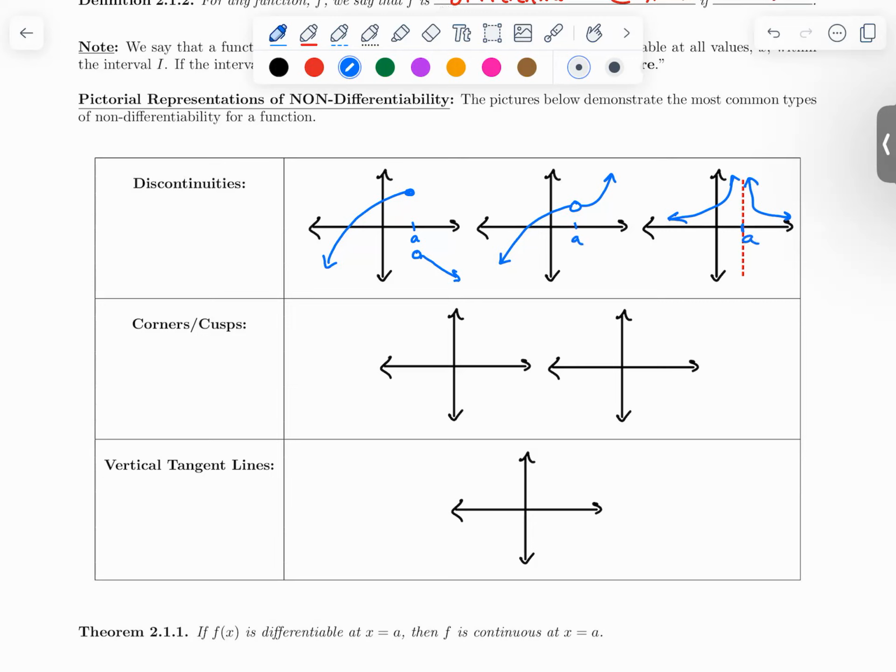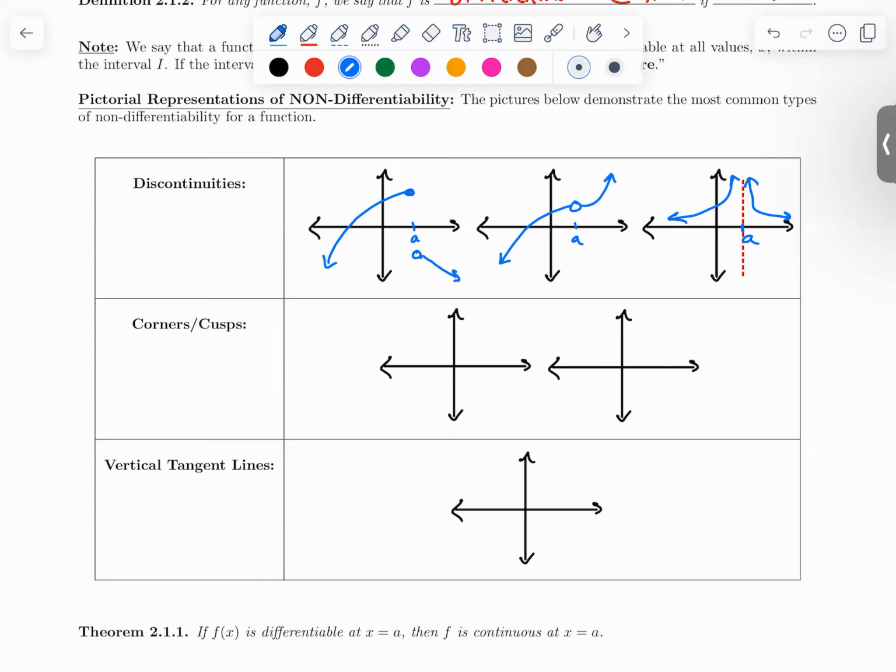Now, why would it be that the derivative doesn't exist at A in this case? So imagine this red pen is your tangent line. If I'm drawing a tangent line, the line exists here, so it has a tangent line, so it has a slope, meaning the derivative exists there.